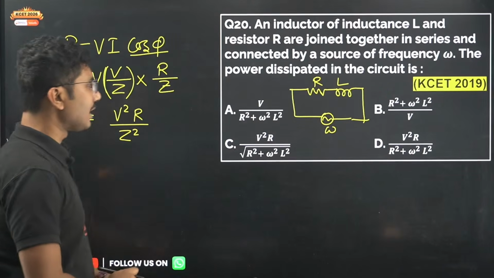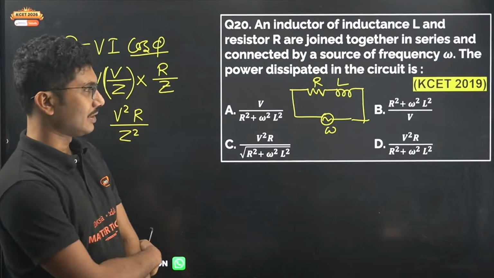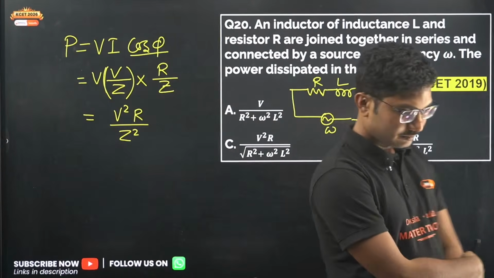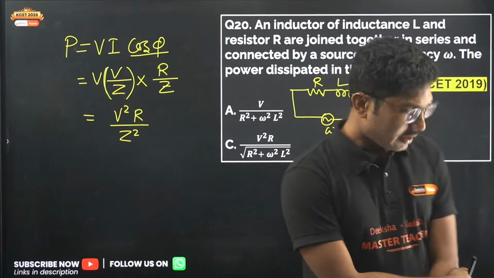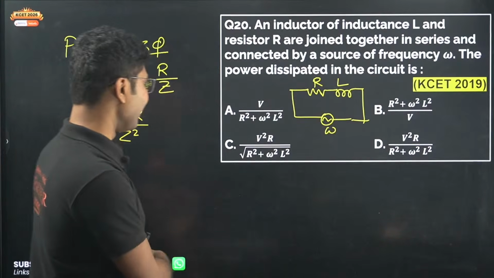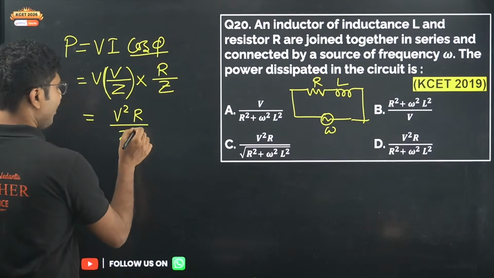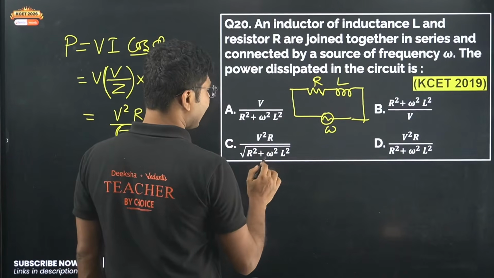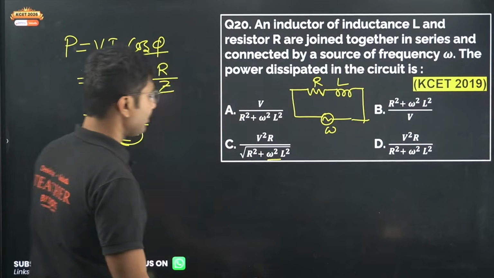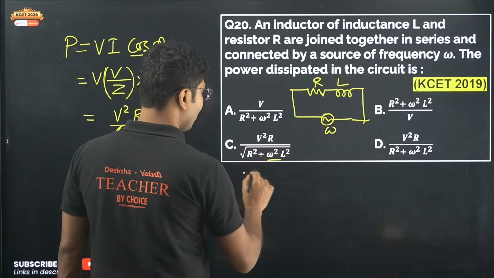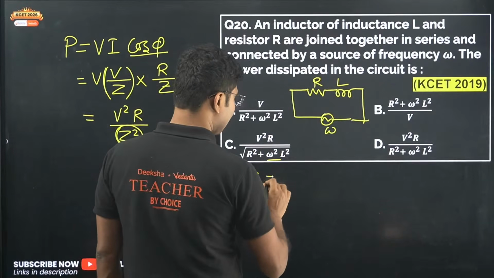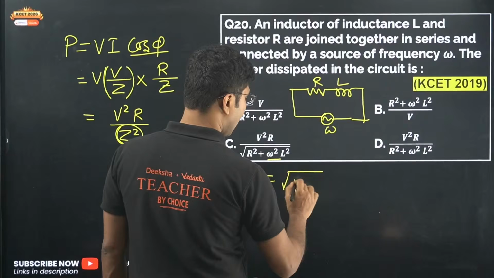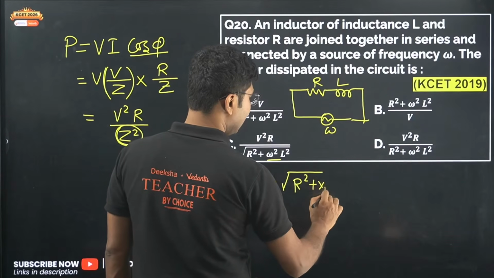Now you have to tell me which one is the correct answer. Let's see. Ananta is saying option D, right? So here we have a Z square. Many students understand the fact and they somehow answer this one. Because here there is no XC, Z is basically given by the square root of R square plus XL square.